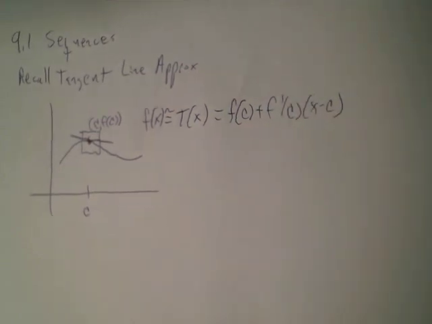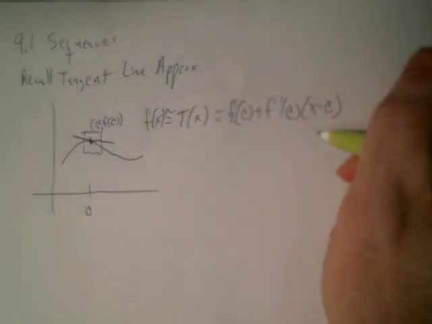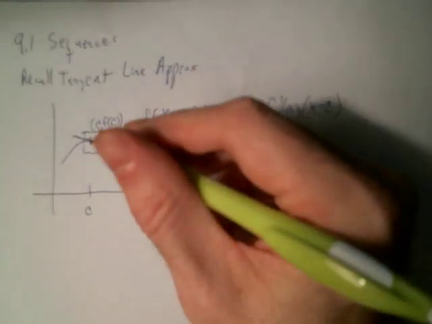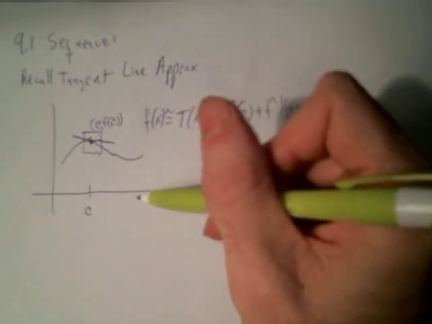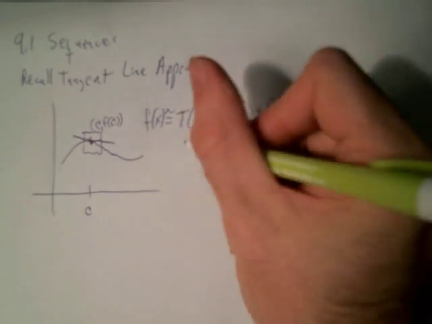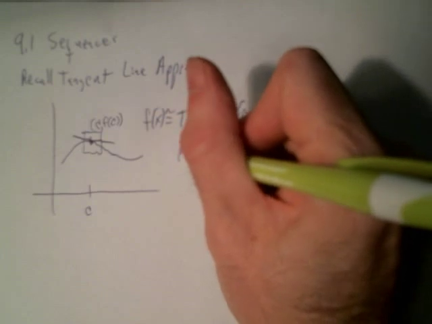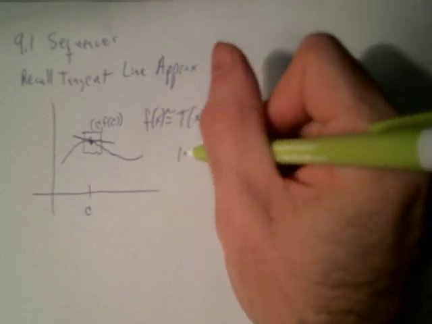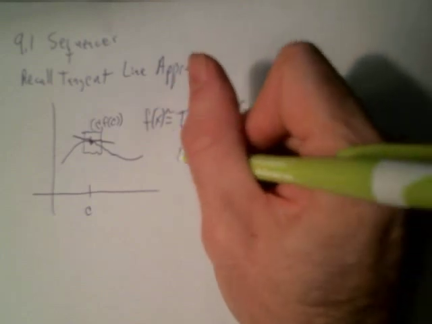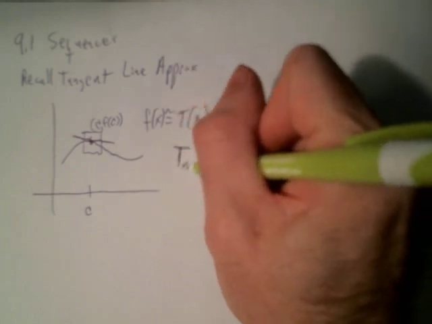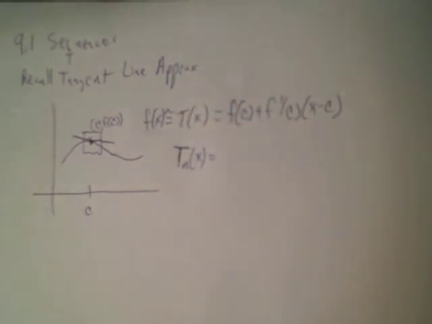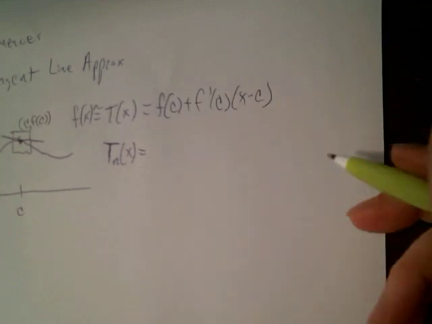Okay. It turns out later that we can extend this definition to not just tangent lines, but tangent polynomials, so to speak. And we'll call those later the Maclaurin or the Taylor polynomials. They'll have higher degrees, but in general, there'll be a sum of things.